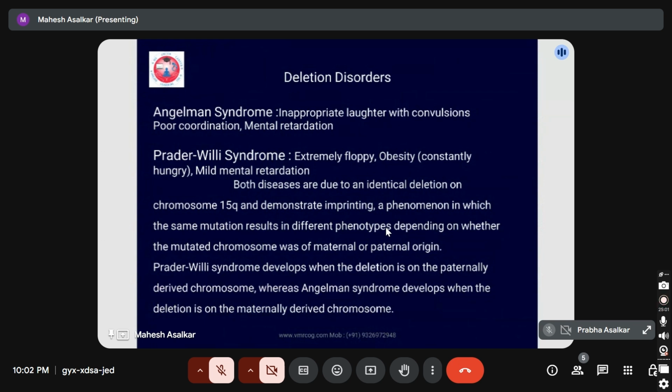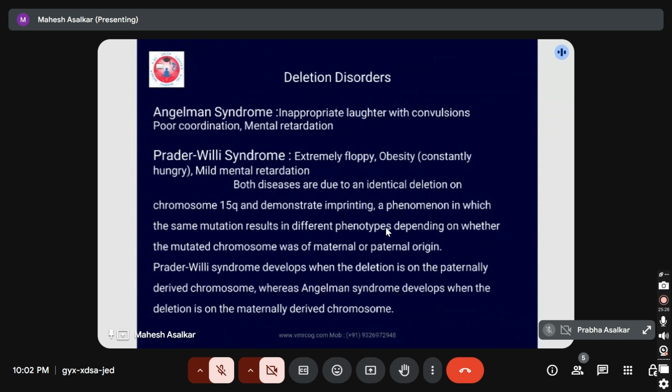If the paternal chromosome gets affected, then Prader-Willi syndrome will be there. If the maternal chromosome gets affected, then Angelman syndrome will develop. So Prader-Willi syndrome develops when the deletion is on the paternally derived chromosome, whereas Angelman syndrome develops when the deletion is on the maternally derived chromosome.